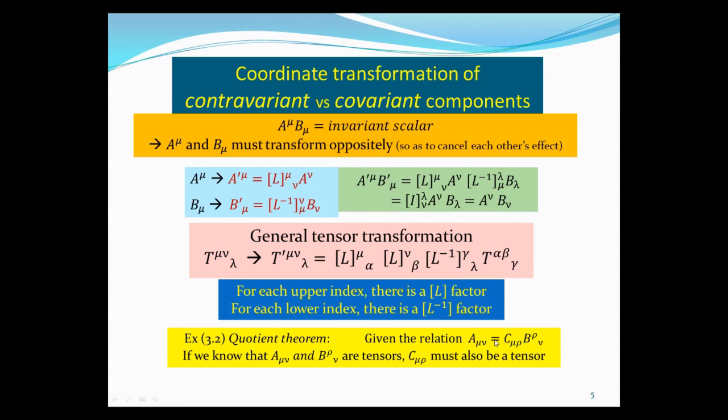Now, if you know A is a good tensor and B is a good tensor, then the coefficient C must also be a tensor. So in any tensor relation, if you know all the tensors, whatever is left over must also be a tensor. It's sometimes very handy: if you know some parts are already tensors, then you can figure out the remaining part must be a tensor.